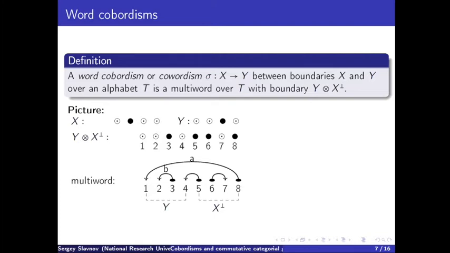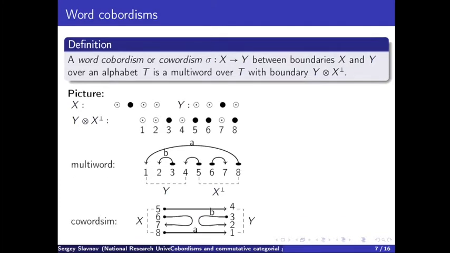And my convention for depicting cobordism as a cobordism, not as a general multi-word, is that I put the outgoing boundary on one vertical line, the incoming boundary on another vertical line, and note that I order the points of the outgoing boundary from the bottom to the top.